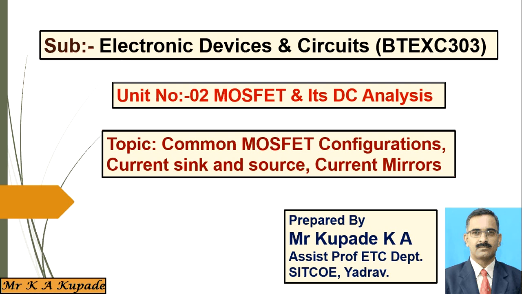We are discussing unit number 2, MOSFET and its DC analysis. In the previous lecture, we discussed the diode and active resistor.